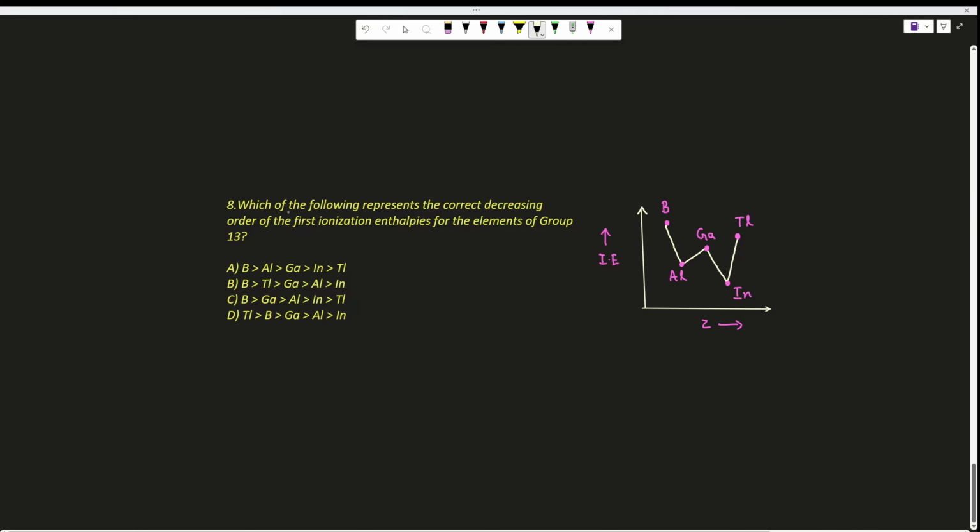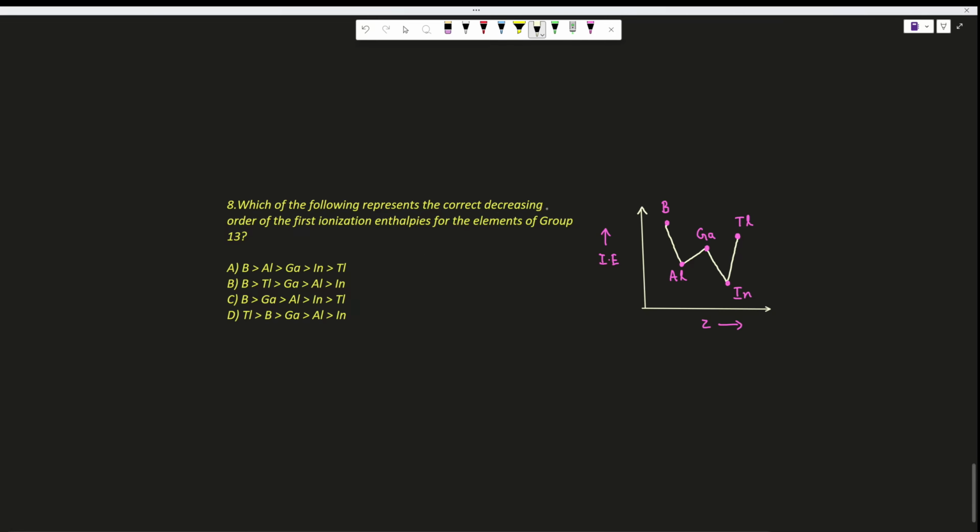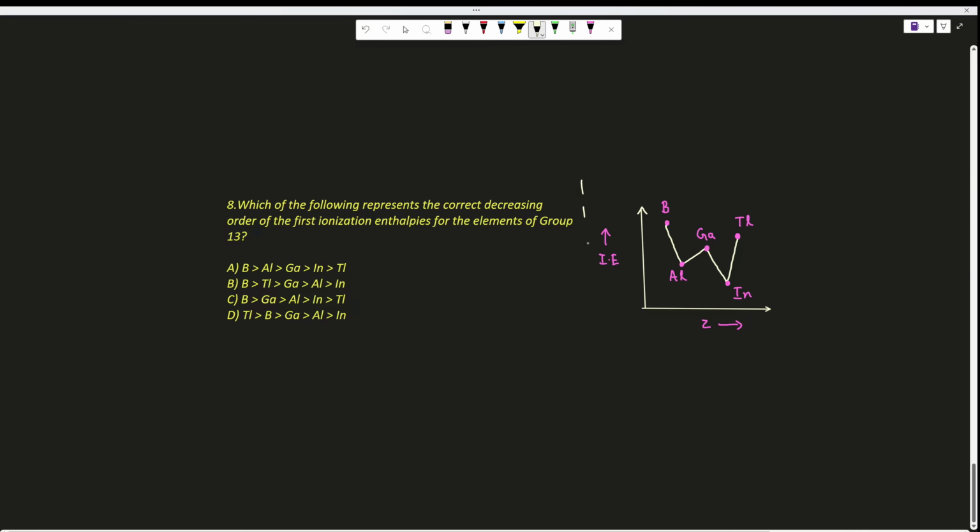Which of the following represents the correct decreasing order of first ionization enthalpies for the elements of group 13? See, only this question will be given, not this graph. This graph I have drawn for your understanding. Now also, when we consider boron, aluminium, gallium, indium, and thallium, down the group ionization energy has to decrease.